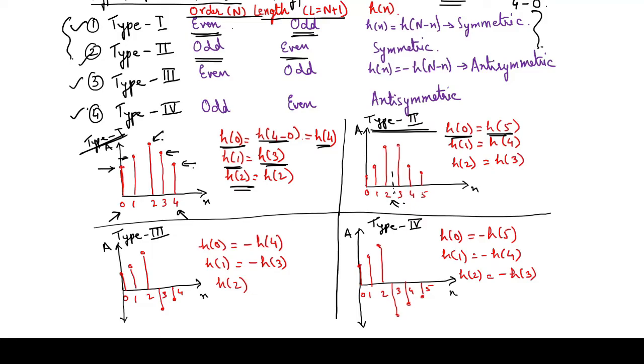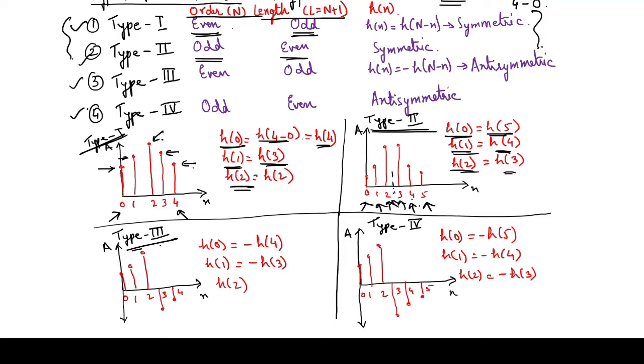Why? Because the order is 5, so 5 minus 0 is 5. So h of 0 and h of 5 have the same coefficient values. Then h of 1 and h of 4 have the same coefficient values, and h of 2 and h of 3 have the same coefficient values.